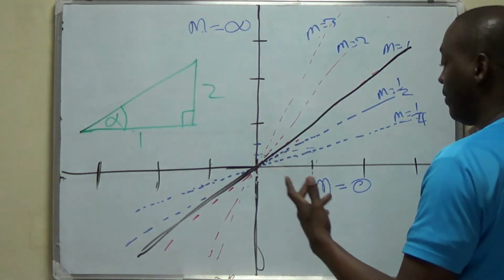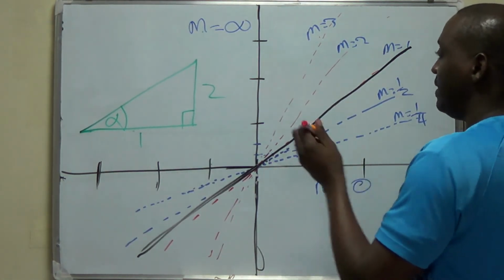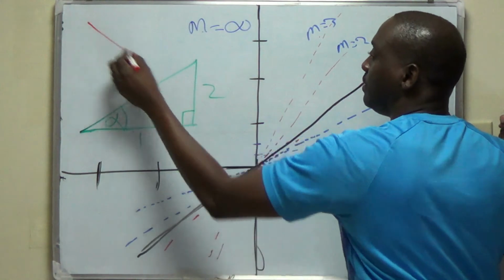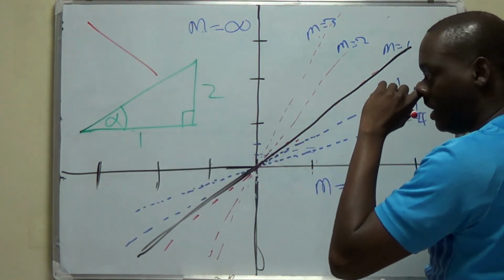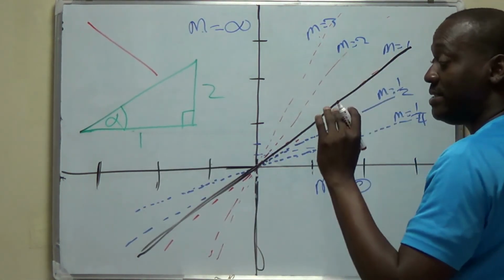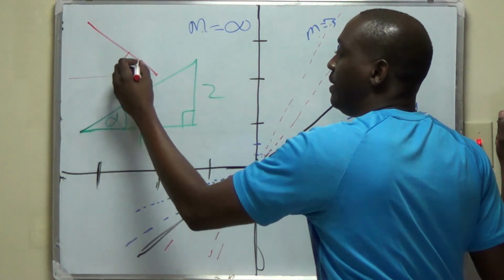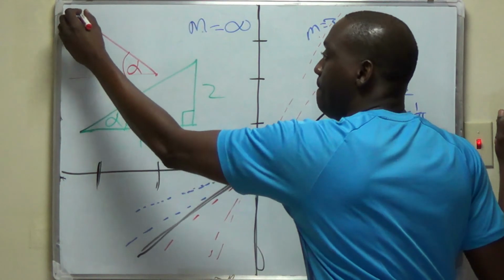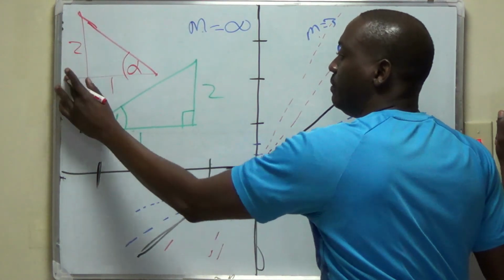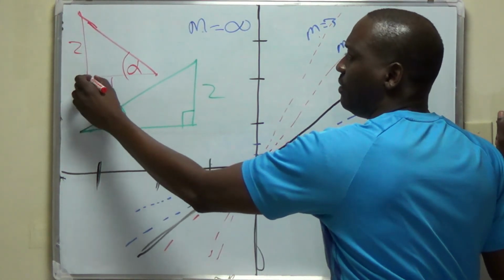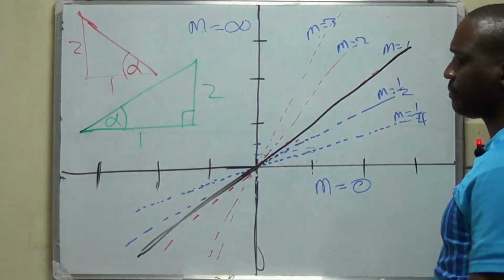Of course, if the line were oriented like this, then the gradient, the ratio, will be the same, right? Let me say alpha is the same, right? Same angle, same 2 over 1. Yeah, that's looking more like 2 over 1 than this one, right?